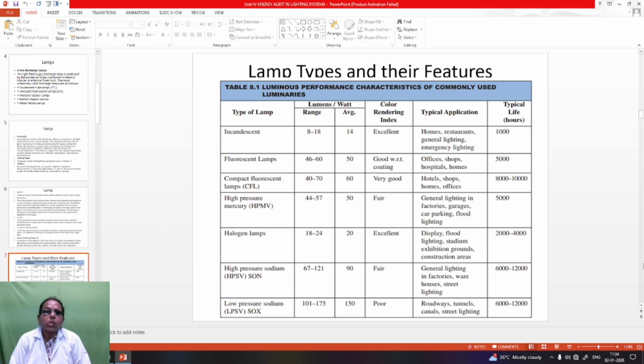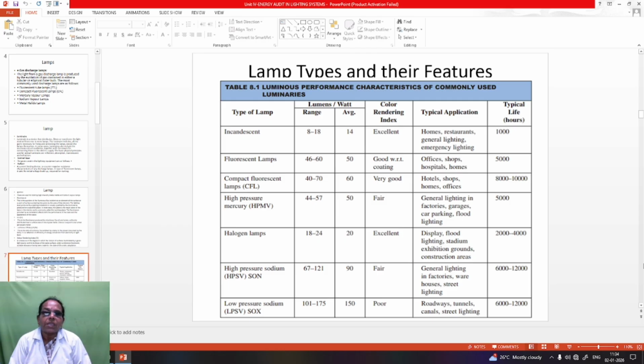Then halogen lamps. The range is 18 to 24 watts, with an average of 20. Color rendering index is excellent and hence the typical applications are in display, flood lighting, stadium, exhibition grounds, construction areas. Its lifetime is 2000 to 4000 hours.